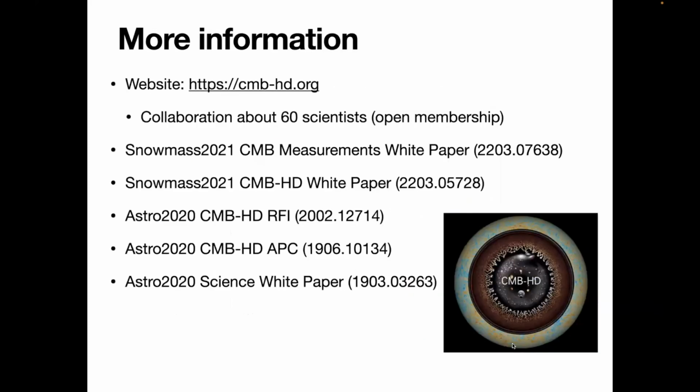And for details, I invite you to look at a whole number of white papers. There's also up-to-date information on the website. To date, the collaboration has about 60 scientists, mostly CMB experts, and it's quite open. There are no barriers to join. Just let me know if you're interested, and there are no commitments of workload or anything like that.